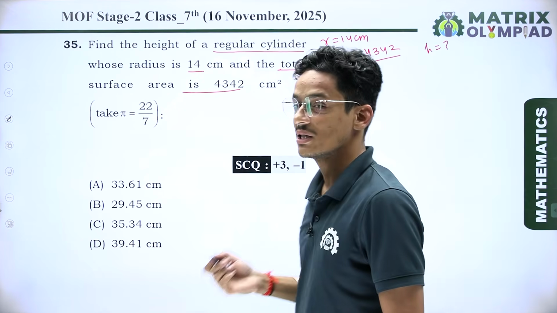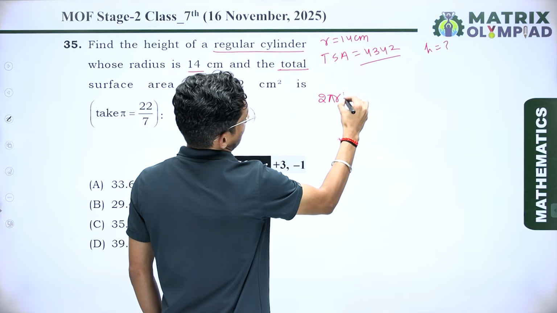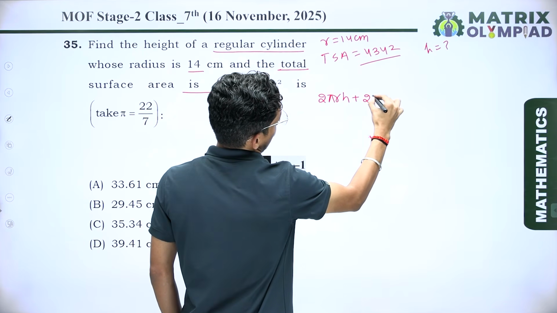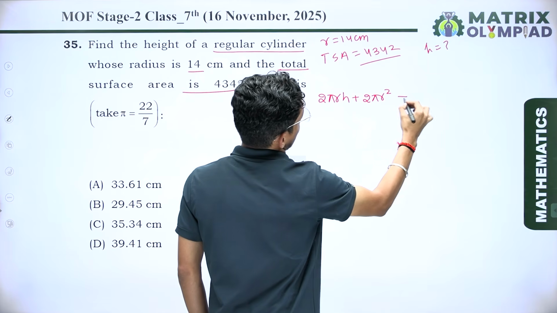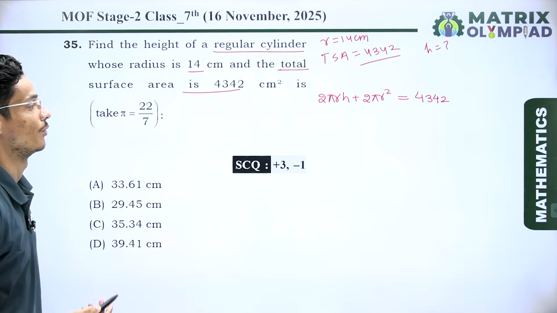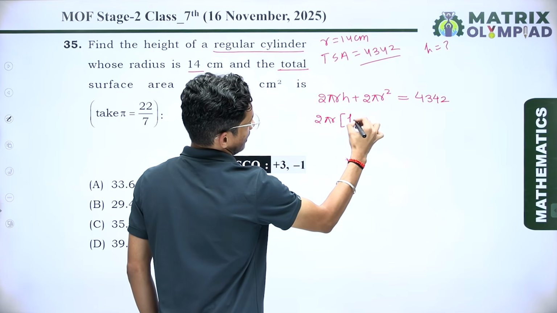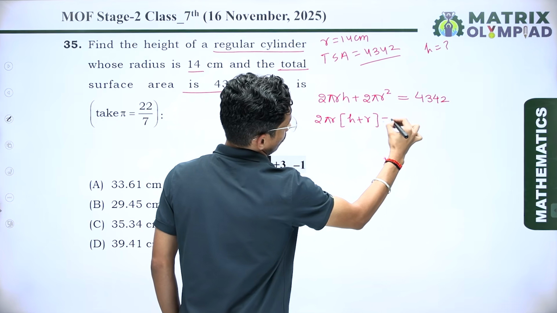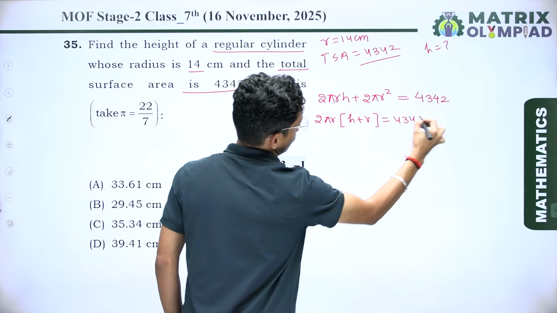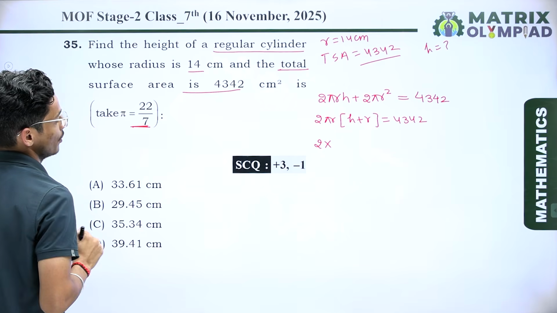So we know the total surface area of a cylinder is 2 pi RH plus 2 pi R square, which is equal to 4342. If you take 2 pi R common, I can write H plus R is equal to 4342. We put the value of pi, that is 22 upon 7.